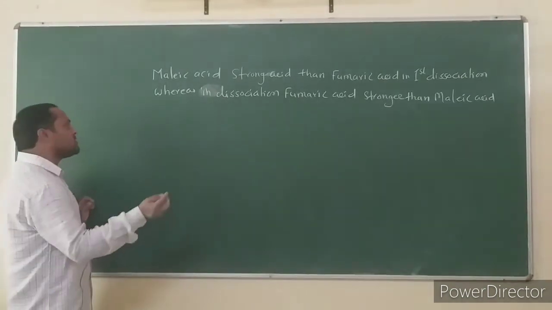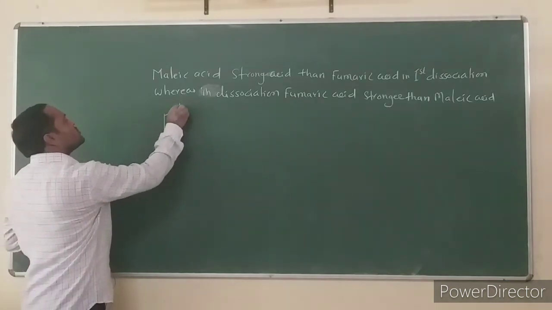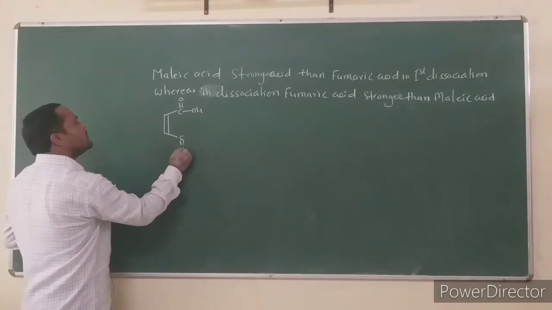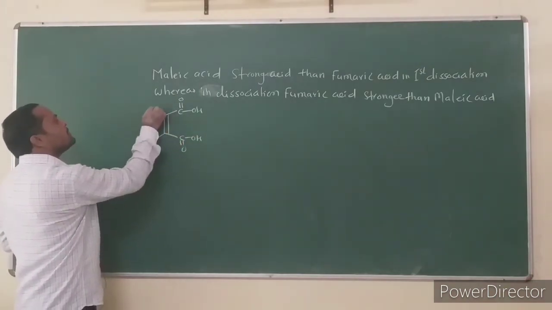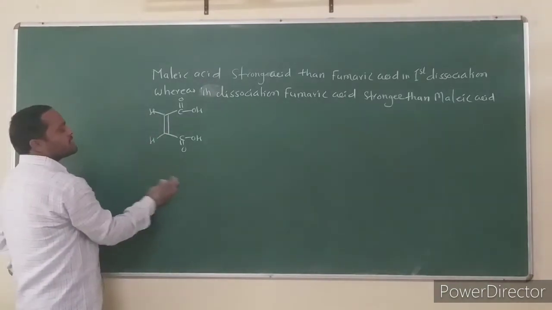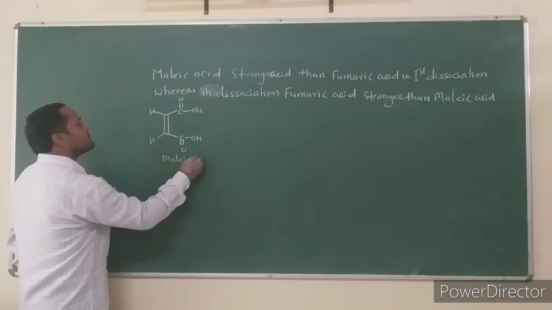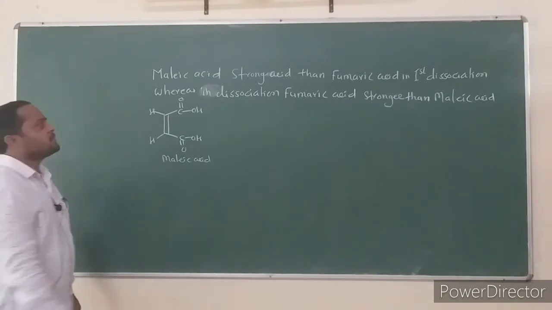What is the reason? What is the structure of maleic acid? This is the structure of maleic acid. The two acid functional groups are present on the same side of the carbon-carbon double bond. The cis acid is generally known as maleic acid.